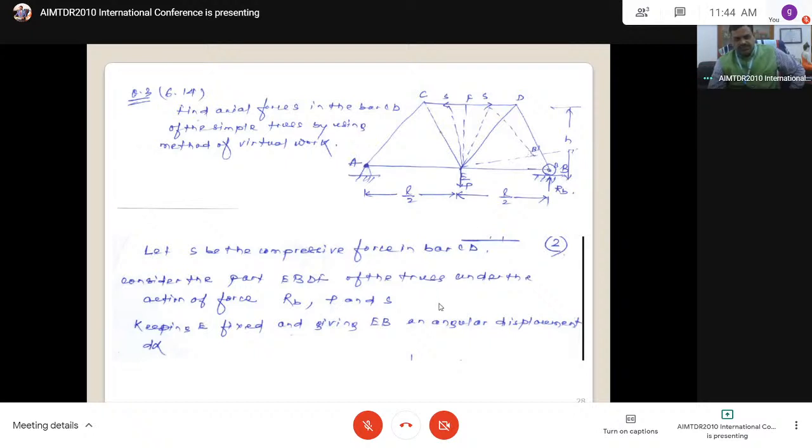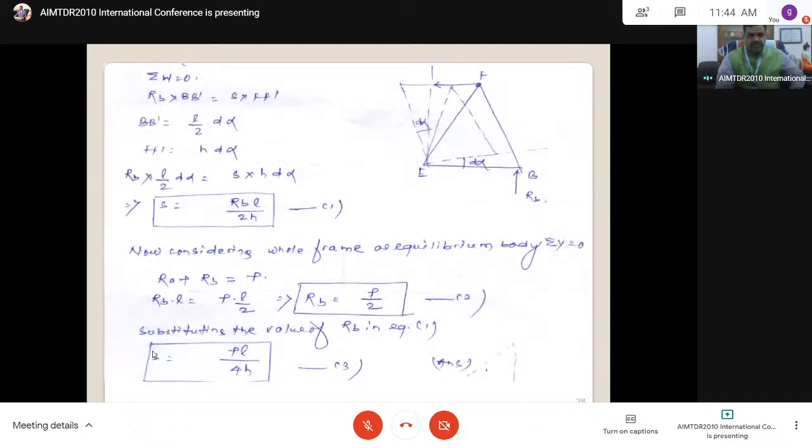Okay. Angular displacement is d alpha. Now from this, you see the triangle. This is d alpha. Originally EBF moved to B dash and F dash. Okay.